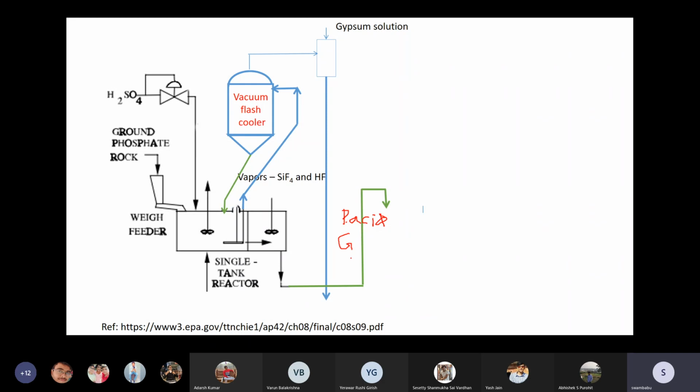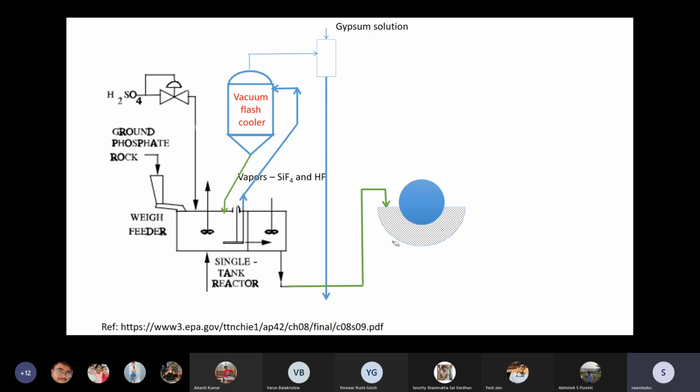Of the filters, we have the plate and frame filter press, and we have the rotary drum filter. These are the two popular ones, although many others exist. In phosphoric acid production, they prefer the rotary drum filter because this is a continuous process, whereas the plate and frame filter is a batch process.